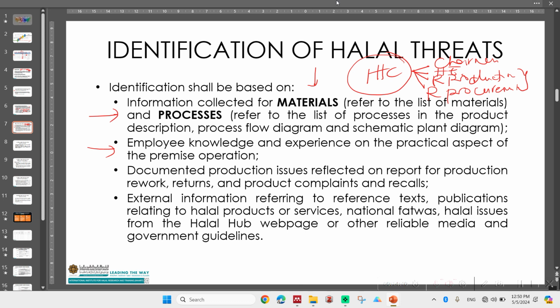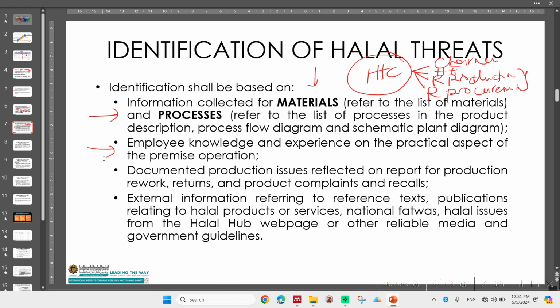Another way to put it: if you draw a flow diagram, from that flow diagram of the process, you need to ask the experienced workers to inform you which step of the process might encounter contaminants.